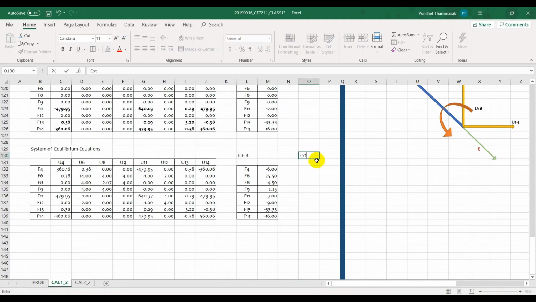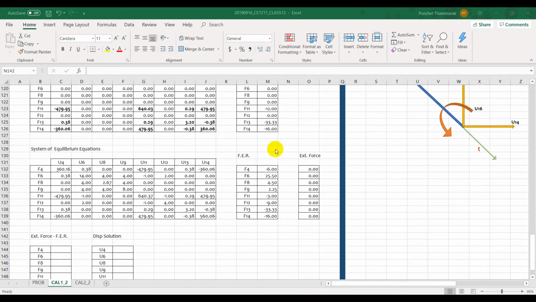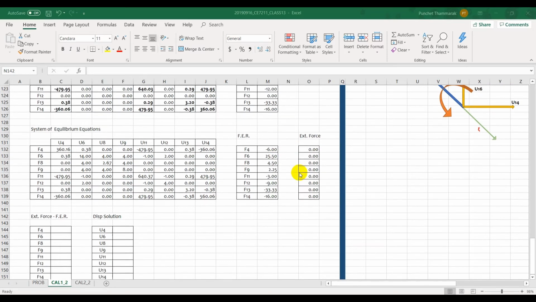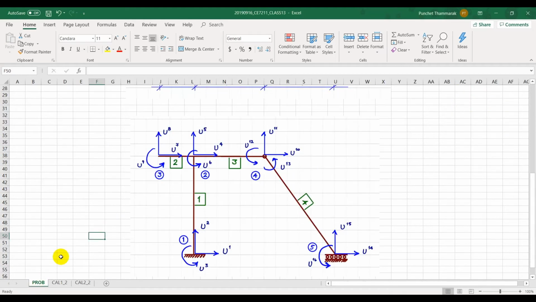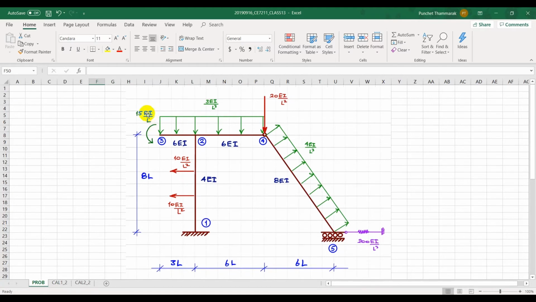we have the external force vector, which is the contribution from. Now we will consider the external force, which is from this point here, the applied moment at the node number 3, and the applied vertical force in the downward direction at the node number 4.